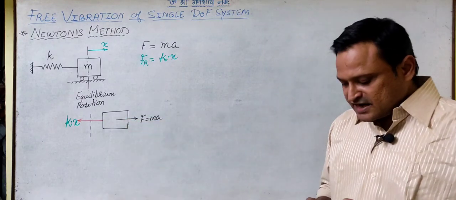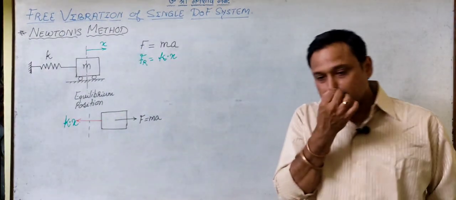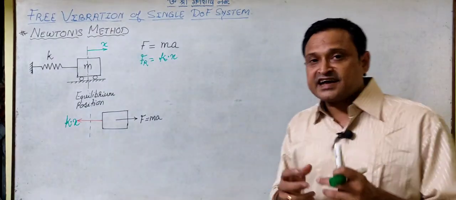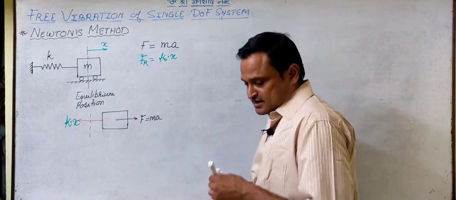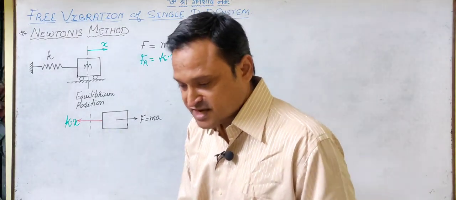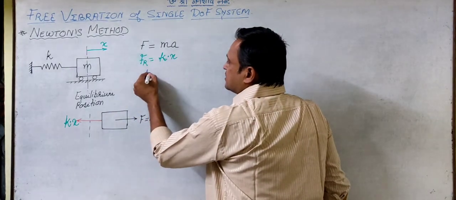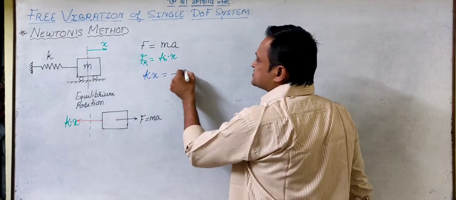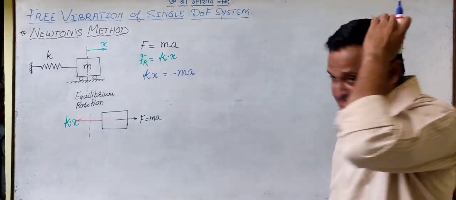Now you will see that the magnitude of these two must be the same, but their senses are opposite, they are acting in opposite directions. So I can say that kx is equal to minus ma, where a is the acceleration.